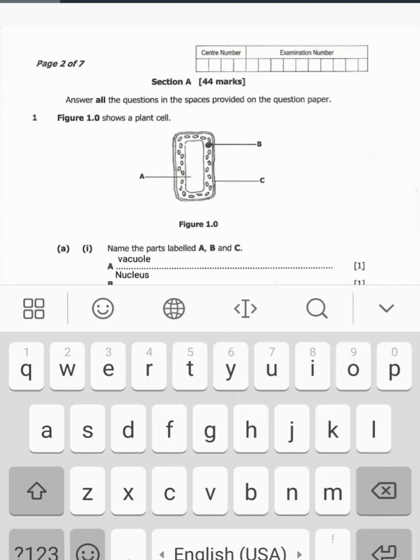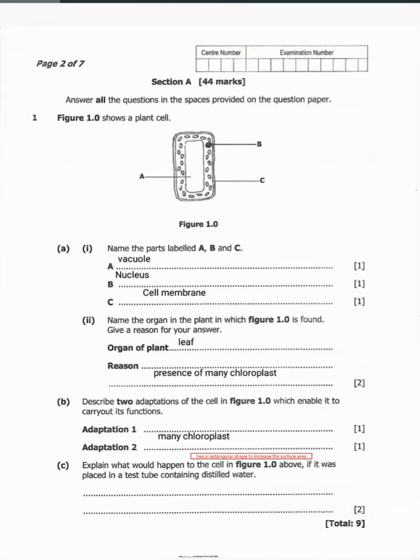The shape also increases the surface area for the absorption, so it has a rectangular shape to increase the surface area. Okay, like that.